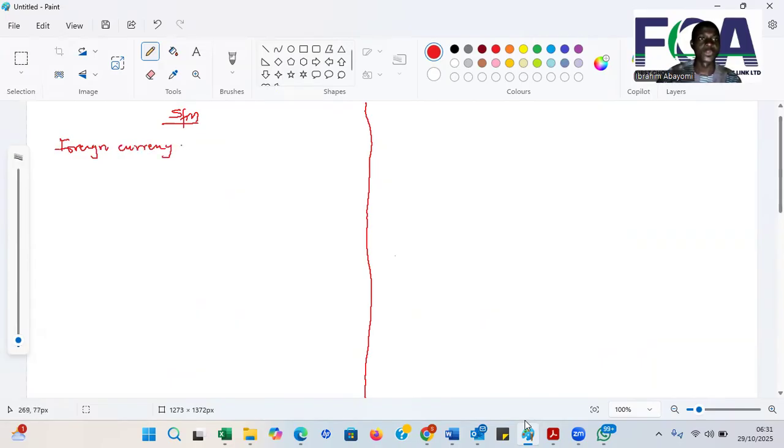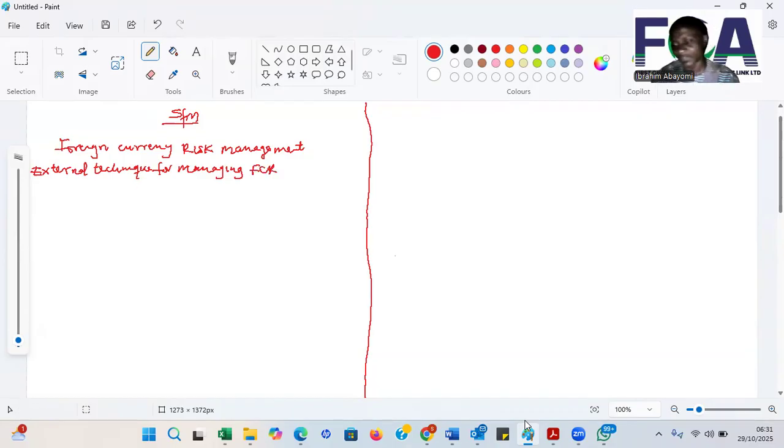External techniques for managing foreign currency risk, FCR for short.